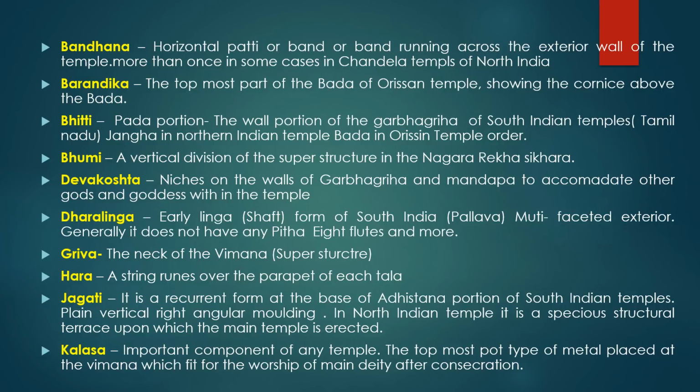These are the Devakostas, where we have all the gods and goddesses within the temple walls. We don't have any separate shrines for them in the early period. That's why Devakostas were constructed.